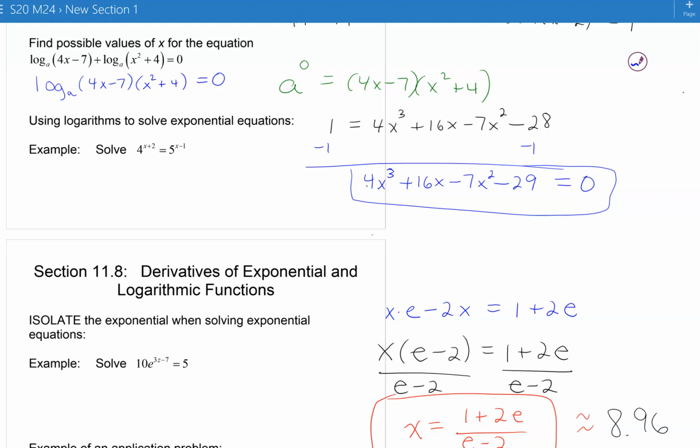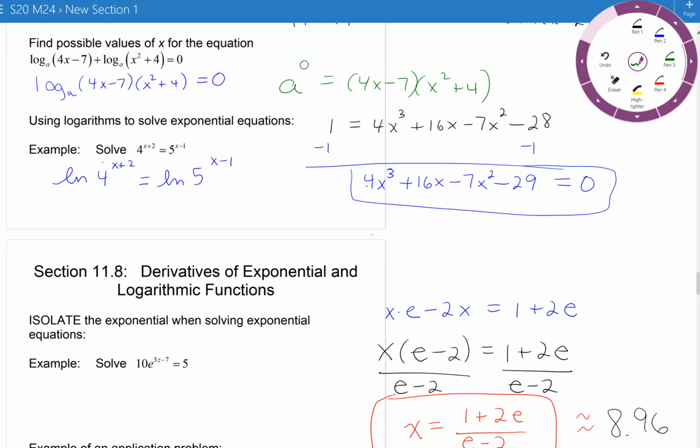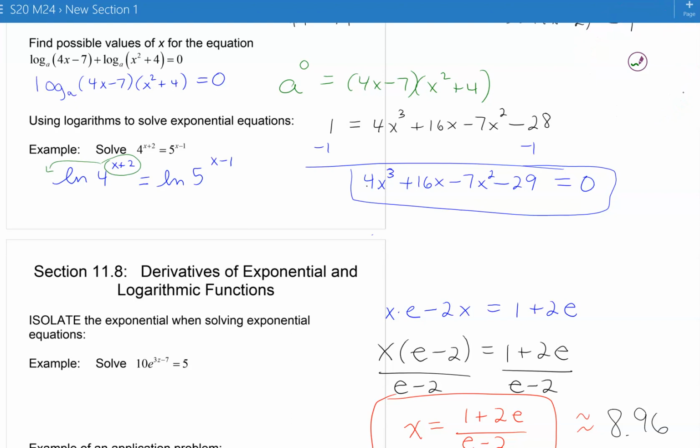Okay, so let's do one more example of solving an exponential equation using logarithms. And I picked the ln because the bases don't match here. So I'm just going to use the ln. And then I use the property of logarithms that says this exponent can come down in the front.